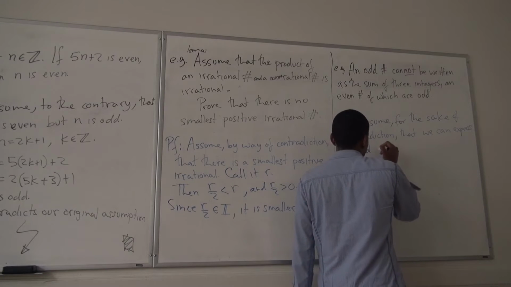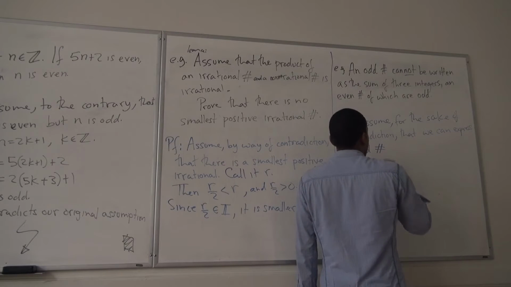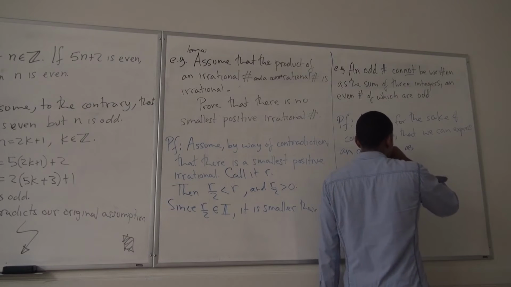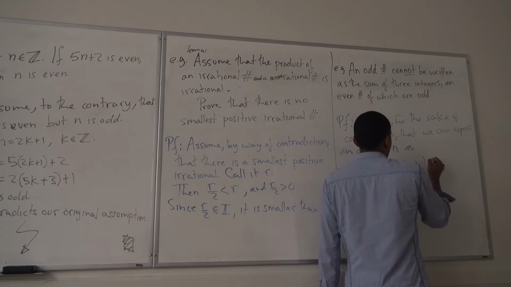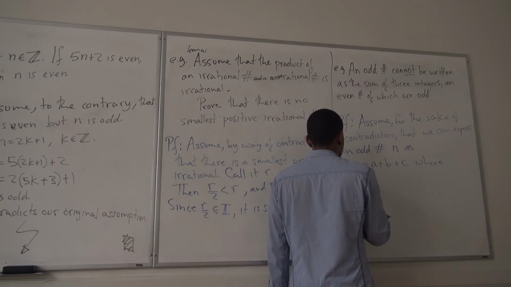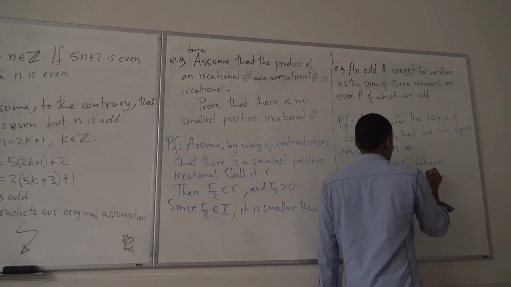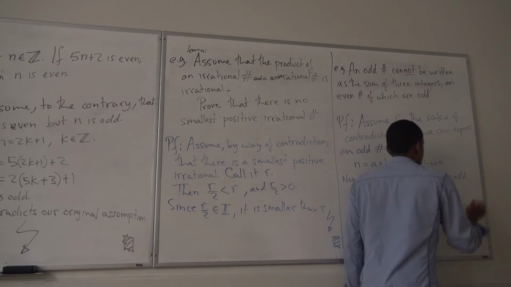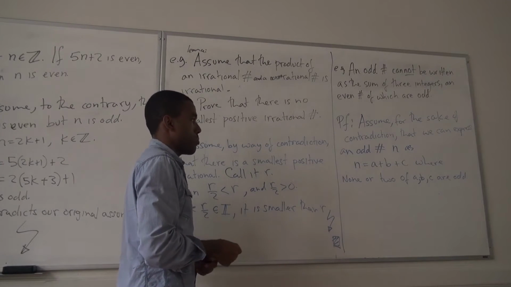No. Really fancy. That we can express an odd number n as n equals a plus b plus c, where none or two of a, b, c are odd. Okay. Then what?